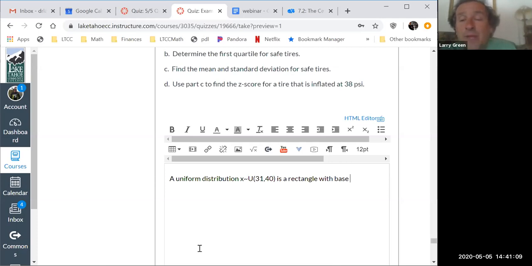What's the base? What's the width of the base of the rectangle? Not supposed to be too hard. What's the base of this rectangle, if it's a uniform distribution between 31 and 40?